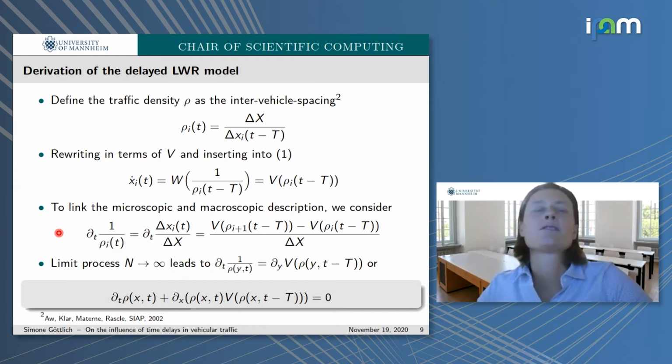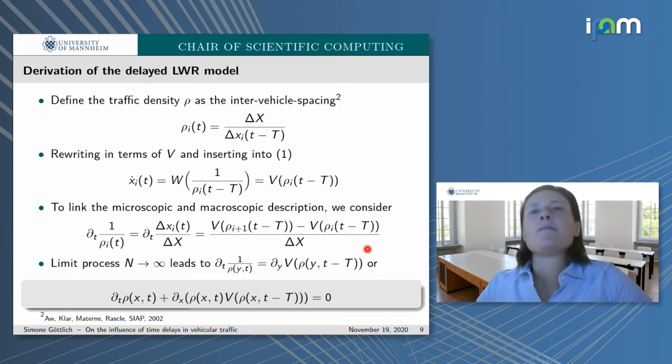So we consider the partial derivative with respect to t of 1 over this inter-vehicle spacing density, and now insert everything we already know. As you can see here, we end up with the difference between the velocities of this inter-vehicle spacing density divided by delta x.